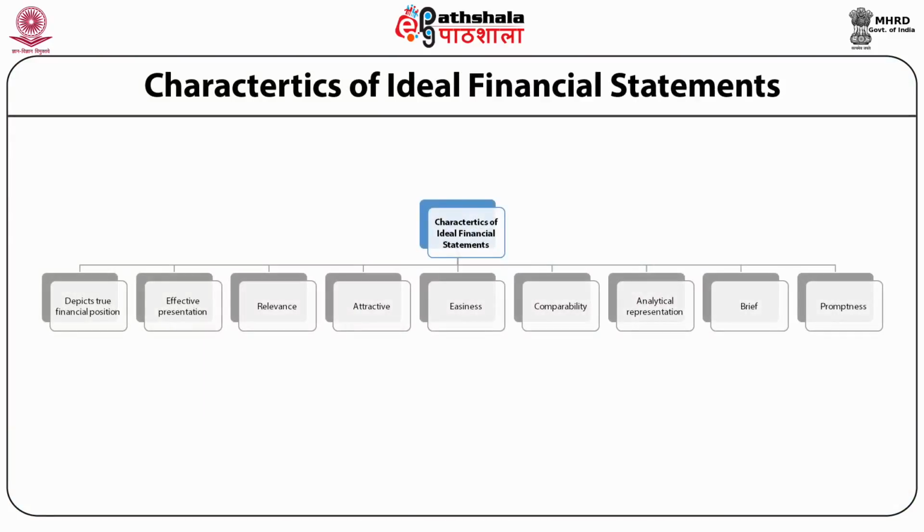Characteristics of ideal financial statements are shown with the help of a figure here, and it is clear from the figure that ideal financial statements depict the true financial position along with effective presentation and relevance. They should be attractive, easy or simple, comparable, analytical, brief, and prompt. These are the features which must be included in an ideal financial statement.